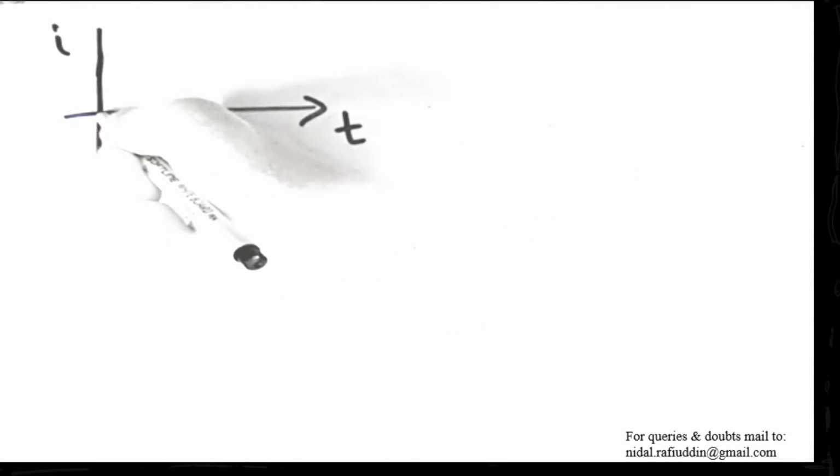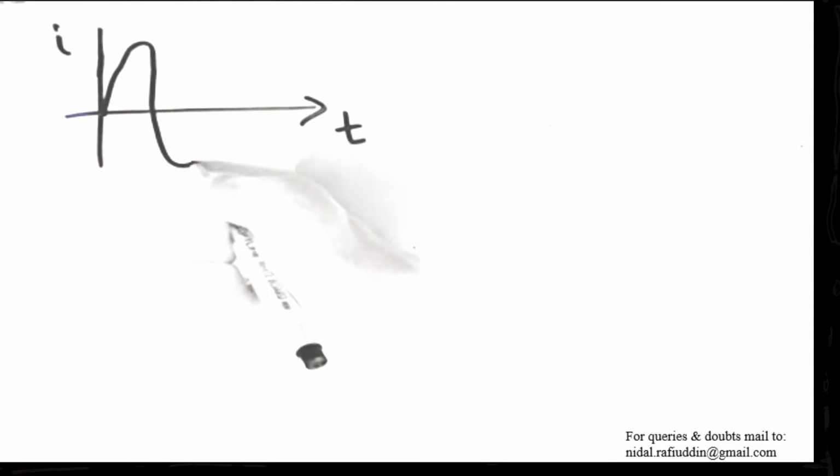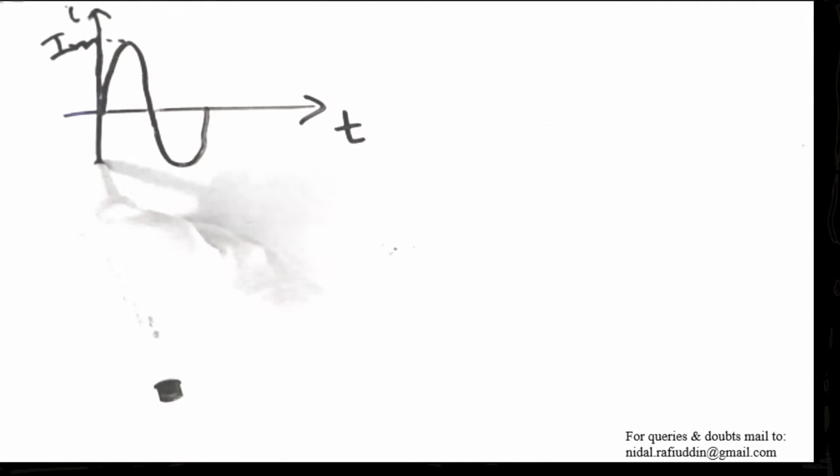So for the time being let's take this as t, and we'll talk in terms of omega t later. So let's say we have a sine wave, and this is the maximum value Im, and then the minimum value is minus Im.